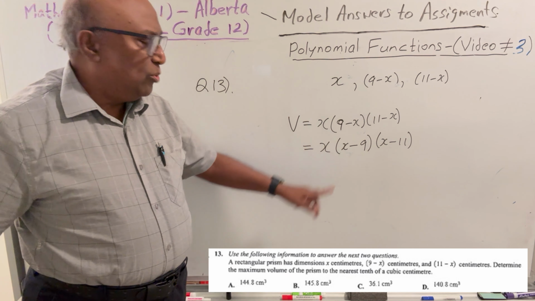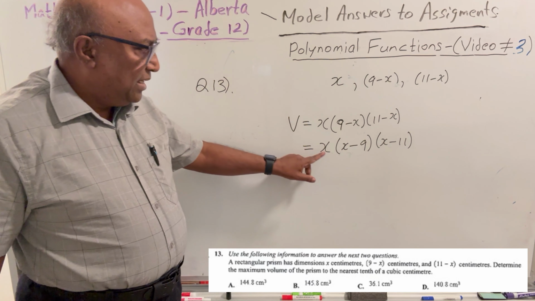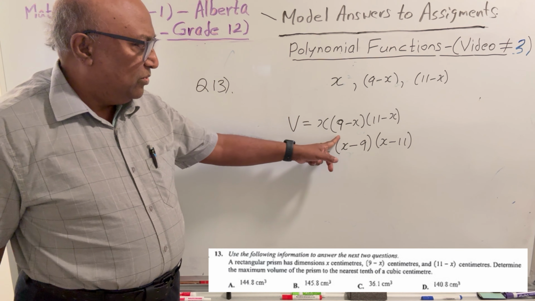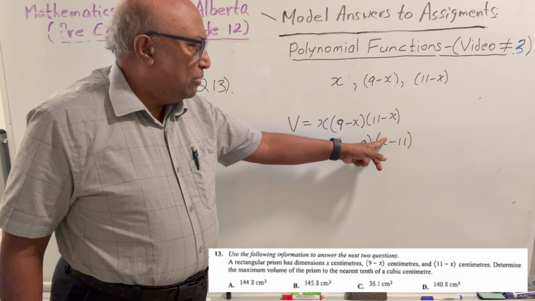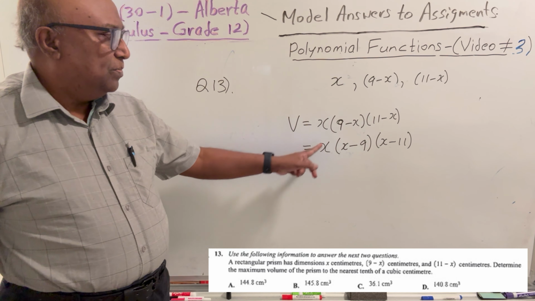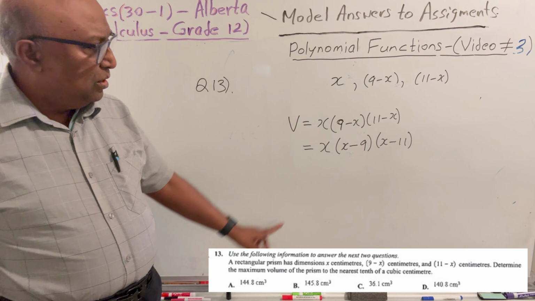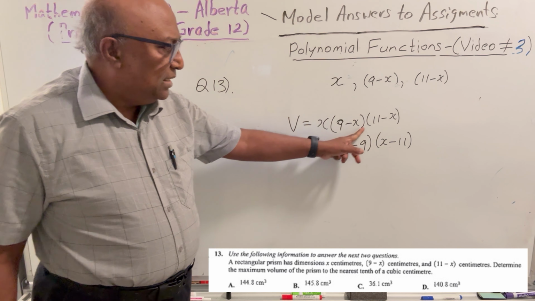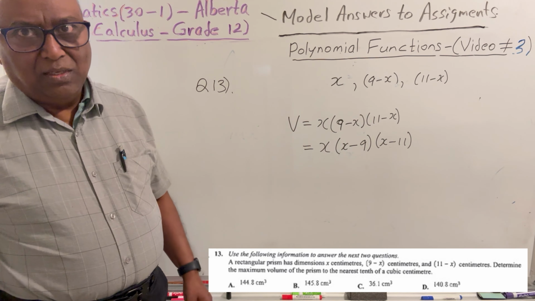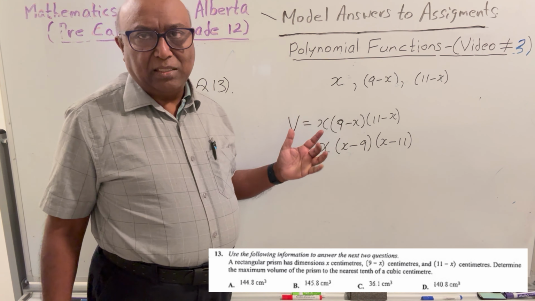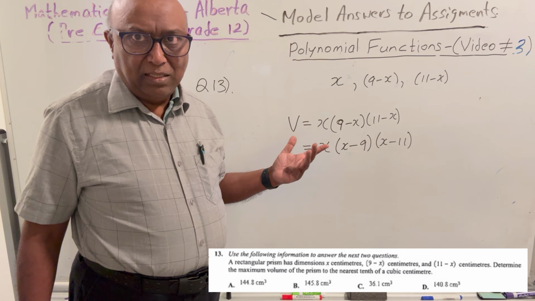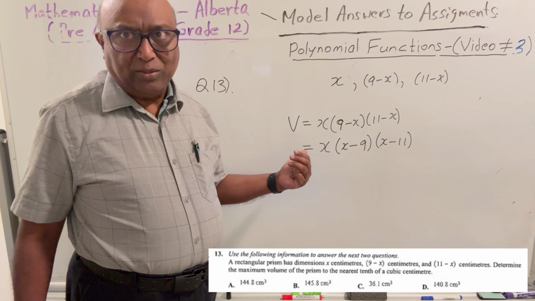What is the degree of the polynomial function? When you expand, you understand the highest power is x cubed. That is one thing. The coefficient of the highest power is 1. This is an odd power function, actually a cubic function. The leading coefficient is positive.